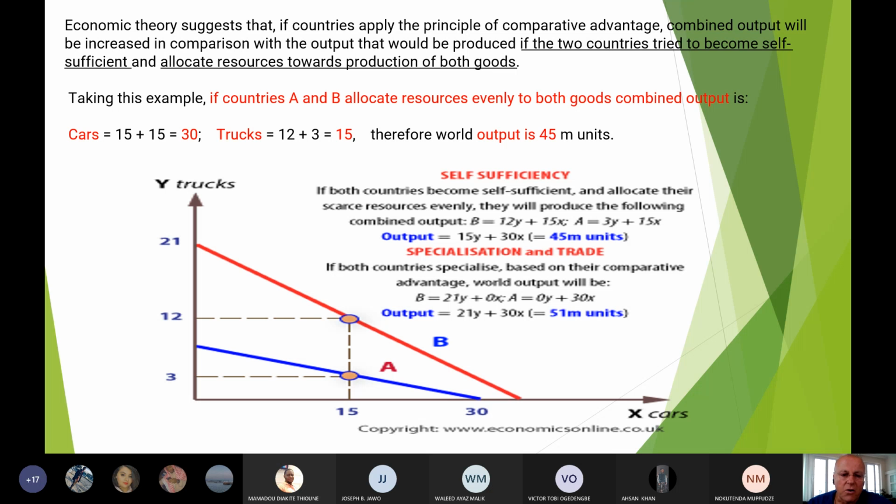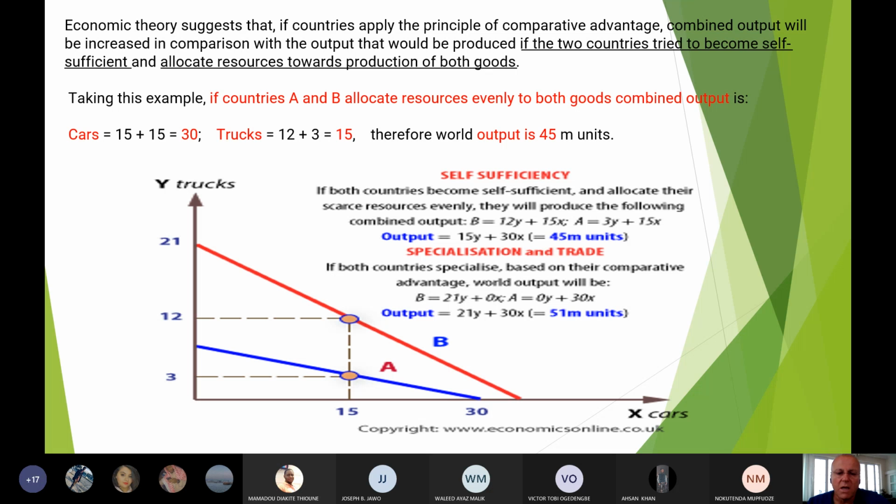And then specializing and trade, if both countries specialize based on their comparative advantages, world output will be B equal to 21 units plus 0, and A is equal to 0 multiplied by y plus 30 units, because you are going to give up the other production because you are not competitive.